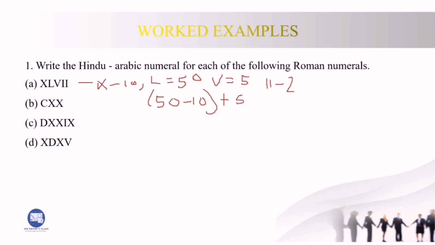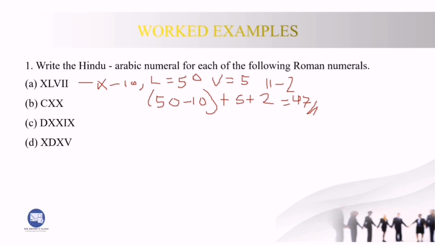So we are going to add 5 plus 2. So in our solution, 50 minus 10 will give us 40. 40 plus 5 plus 2 will give us 47. So our final answer will be 47. So XLVII represents 47.